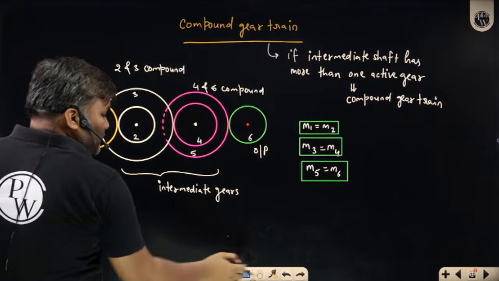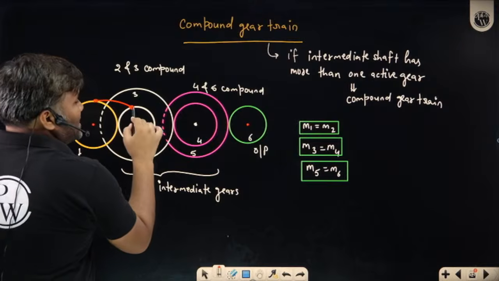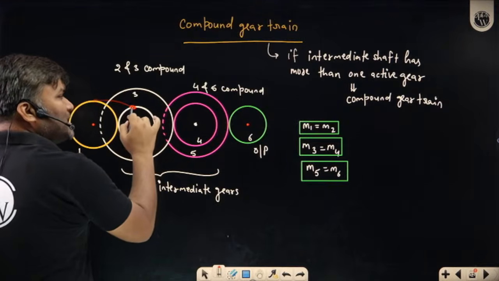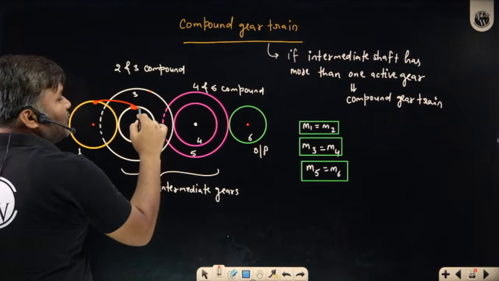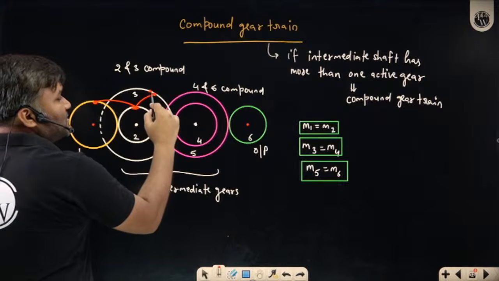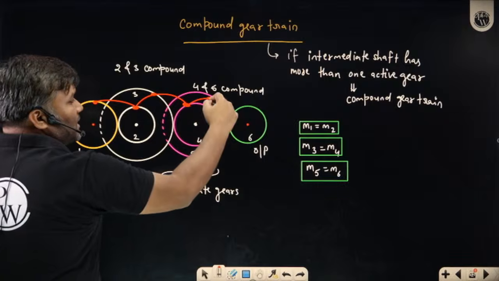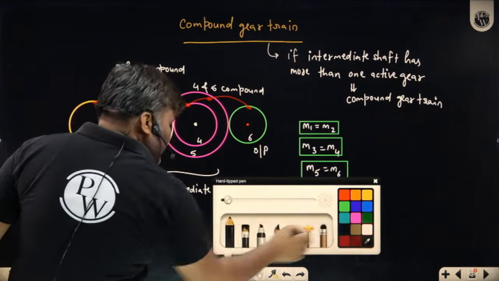How is the power flowing? 1 is driving 2. Now 2 rotates, 2 is not driving 3, but 3 automatically rotates. Now from 2 power has moved to 3, 3 is driving 4. 4 has rotated, 5 automatically rotated, and then we have 6. 5 is driving 6.